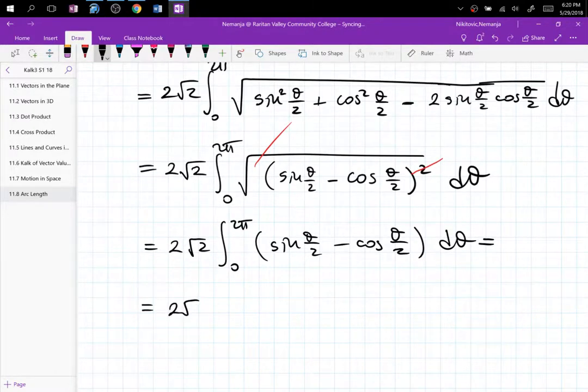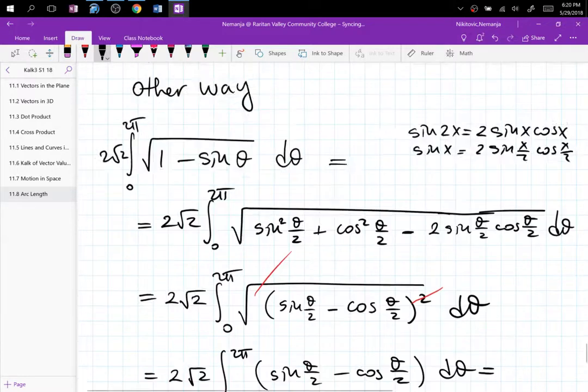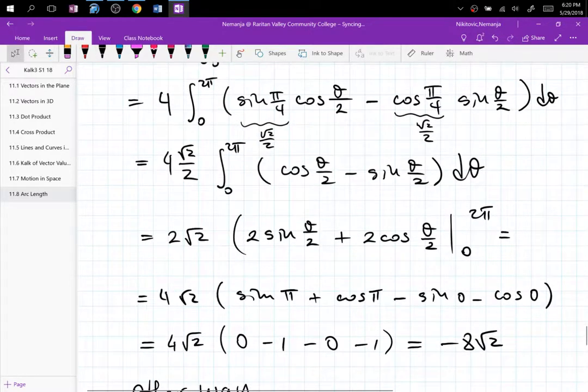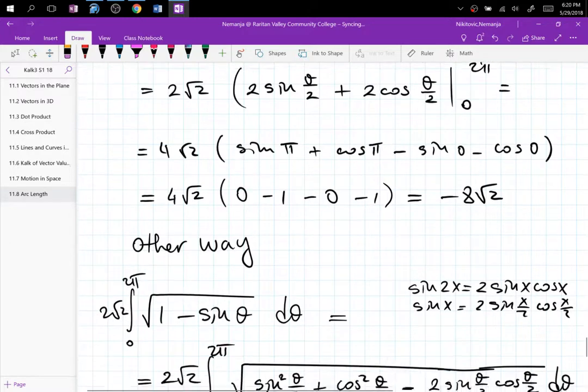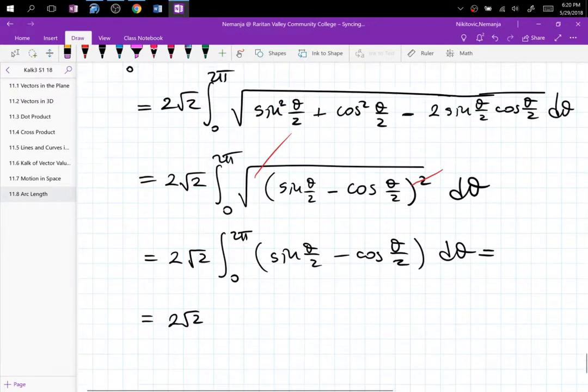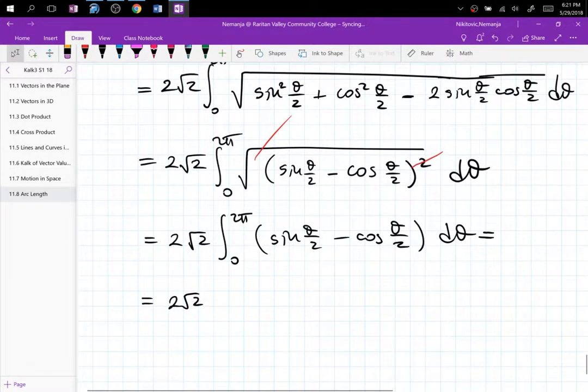So now 2 root 2, well, weren't, oh, no, it's the same. It's the same step. I had this. All right, let's see, integrate again. What's the integral of sine?